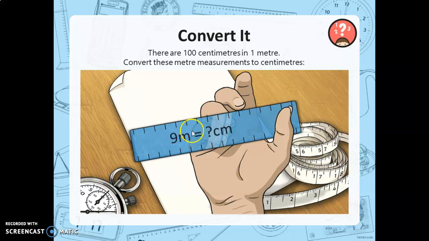Okay. How about converting from meters to centimeters? We know that there are 100 centimeters in 1 meter. So 9 multiplied by 100 would be 900 centimeters. And so on. Do them at your own pace at home.